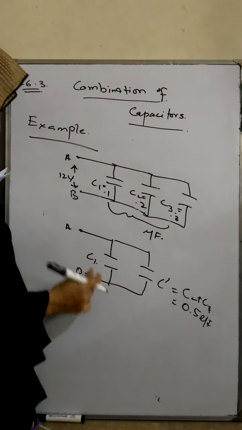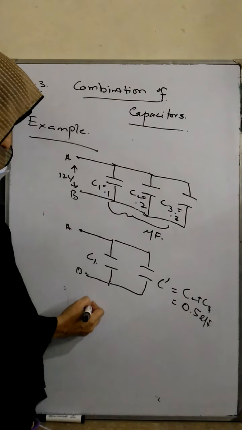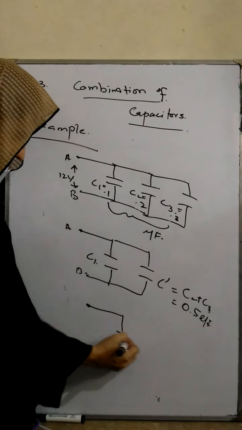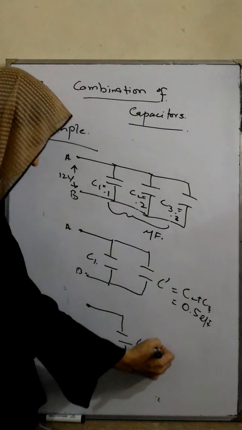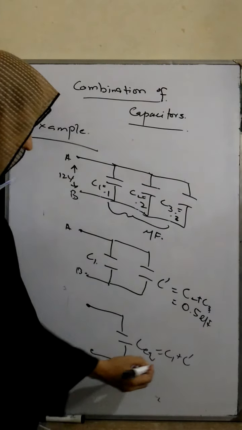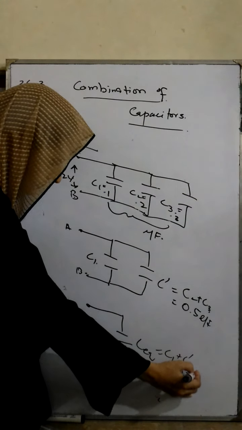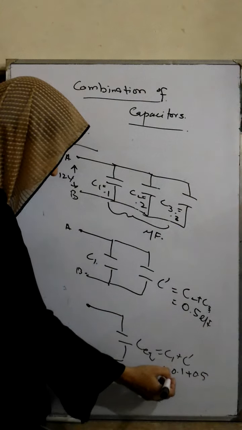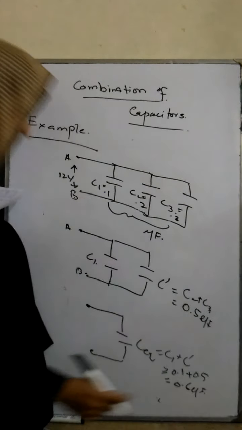Now we have to add this to find the equivalent capacitance. So the next step will be, I call it C equivalent, which is equal to C1 plus C prime. So which will be equal to 0.1 plus 0.5, which is equal to 0.6 microfarads.